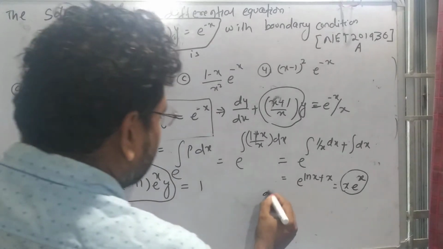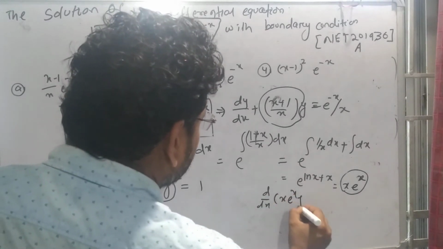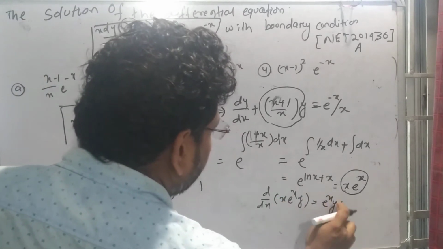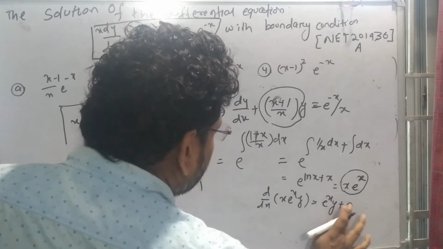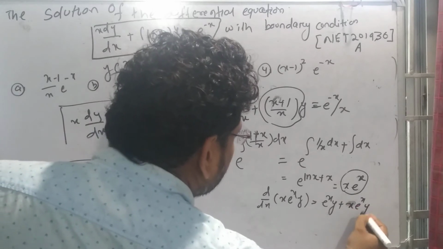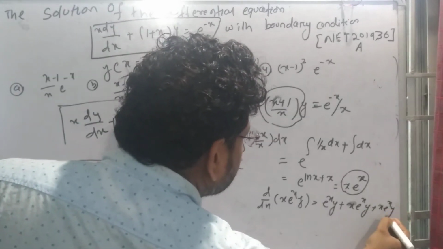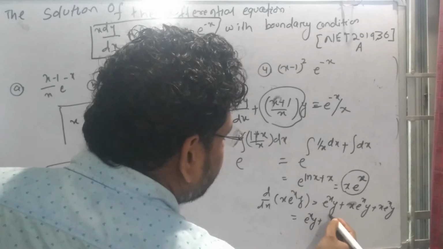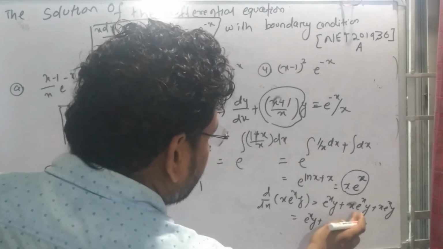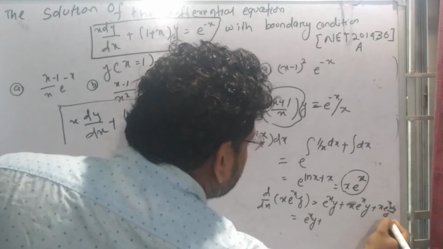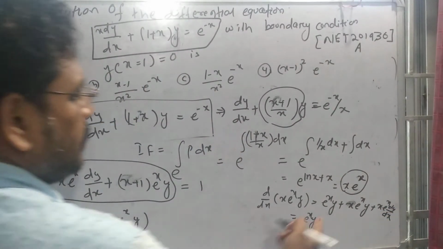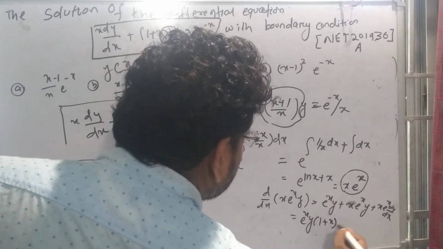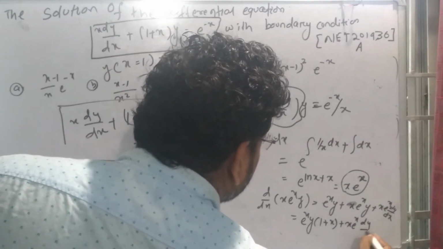Let's see, if I take the derivative of x e^x y, the first term will be x e to the power x dy/dx, the second term will be x e to the power x y, and the third term will be e to the power x y. If I take e to the power x common, it will be (1 plus x) e to the power x y plus x e to the power x dy/dx.